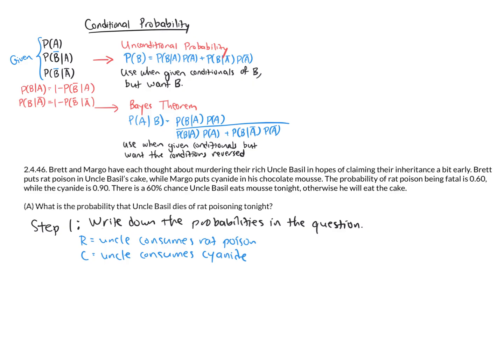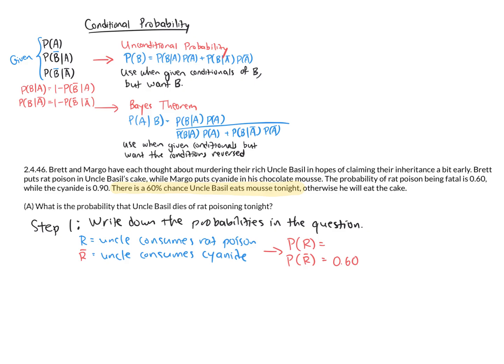So I'm going to put R as the event that he consumes rat poison and C as the event that he consumes cyanide. However, there's really only two things here, an event and its complement. So instead of making a new event for cyanide, that's just the complement of the rat poison case.